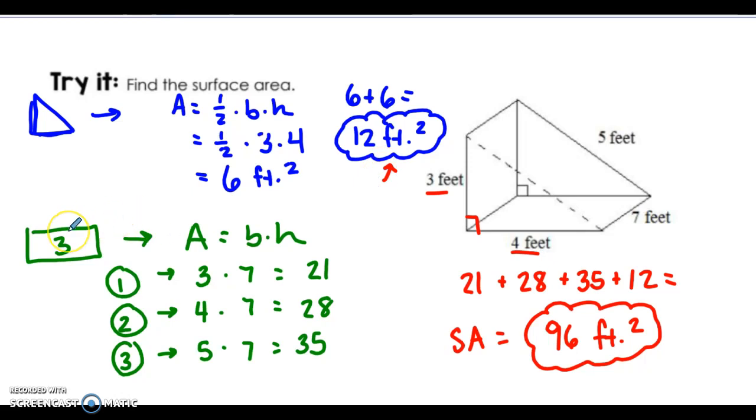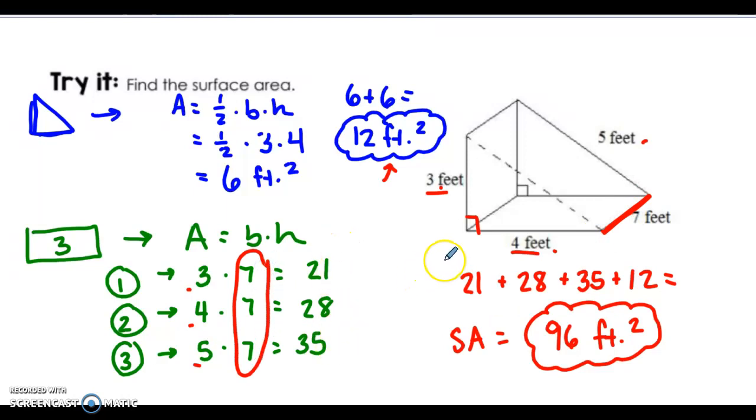And then again, I know there has to be 3 rectangles, one coming off of each side of my triangle. So I started with 3, 4, and 5 because those are the sides of each of the triangles. And then this 7 is the distance connecting the two. So that's why they're all multiplied by 7 here in this row.